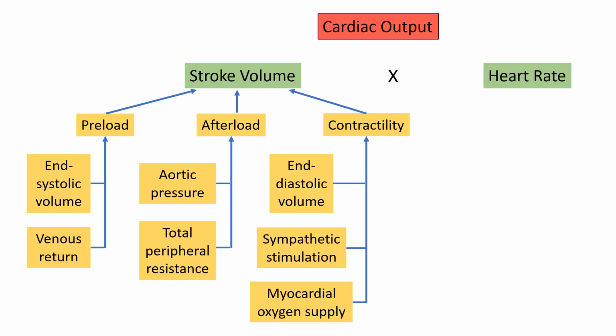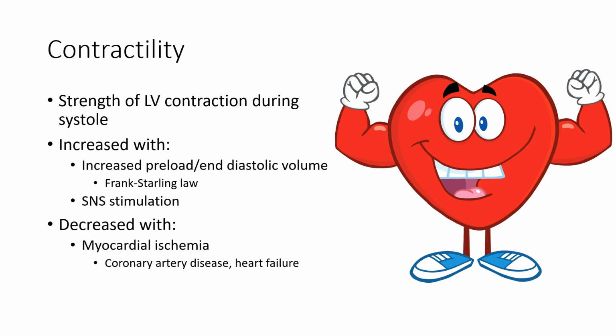Contractility is determined by end diastolic volume, sympathetic stimulation, and myocardial oxygen supply. So contractility is the strength of contraction during systole, and that's of that left ventricle. So how hard, how strong is that force or that contraction of the left ventricle?